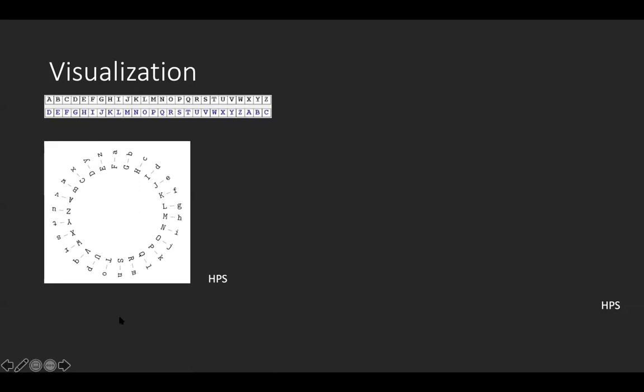We sometimes use a circle, and for example, say the inner circle would be the ciphertext, and the outer circle would be the plaintext, and we have a 1-to-1 correspondence for each letter in the plaintext and each letter in the ciphertext. Or we could just use a line to represent this.